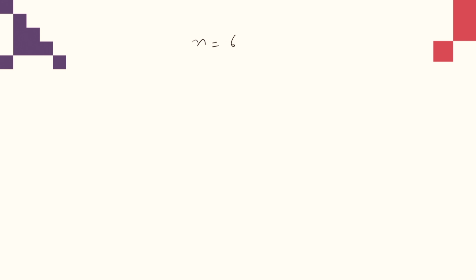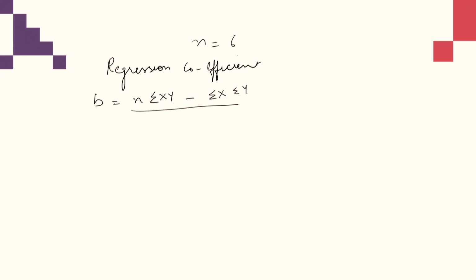Now putting this in the regression, we calculate the regression coefficient using the formula for b, which is equal to n into the summation of xy minus sigma x into sigma y, whole divided by n sigma x square minus sigma x whole square.